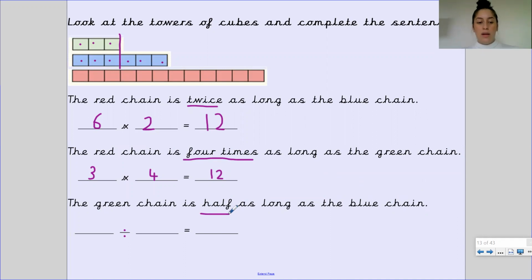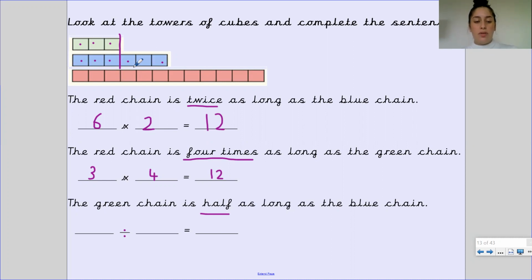Well, we've just counted the length of the blue chain. We've got 1, 2, 3, 4, 5, 6. Where would I place the number 6 in my number sentence? Well, I'm splitting it into 2 equal groups.